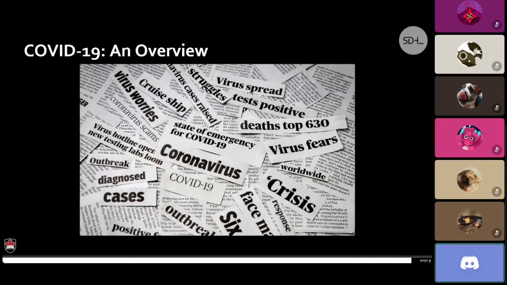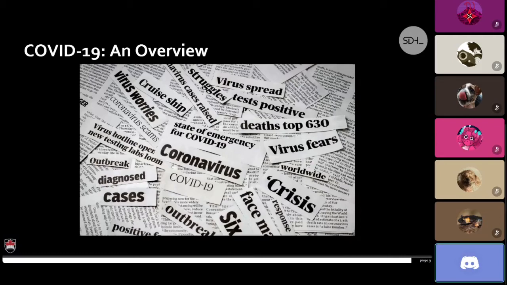The first cases were identified in late 2019, so we've been through this for nearly a year and a half now. Here in Canada, we've been under some sort of state of emergency or stay-at-home orders since around mid-March of 2020. So it's getting pretty tiring.